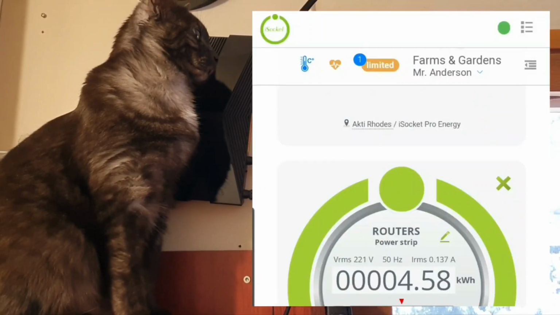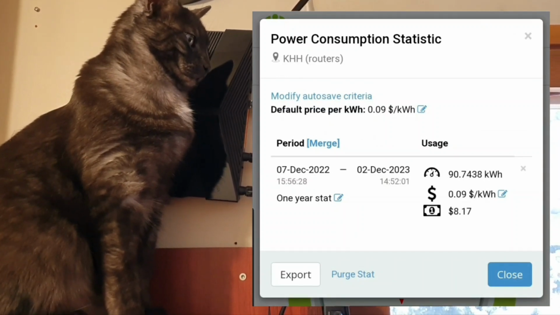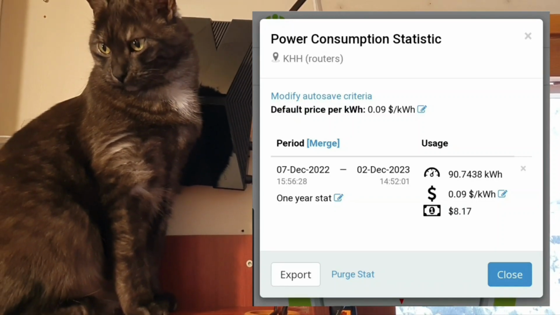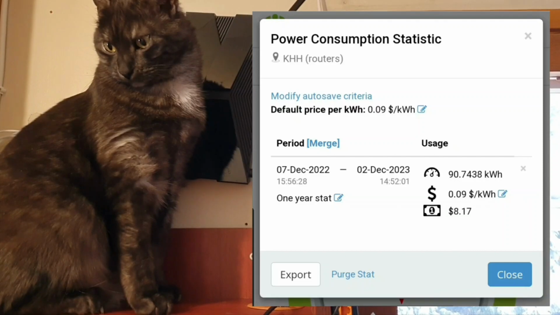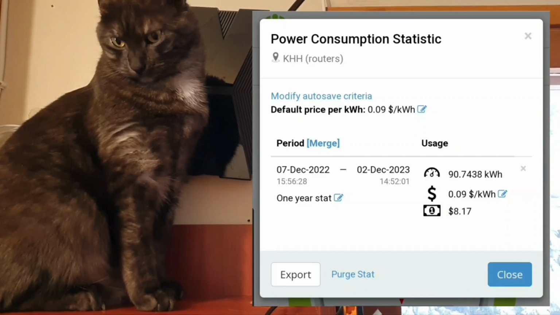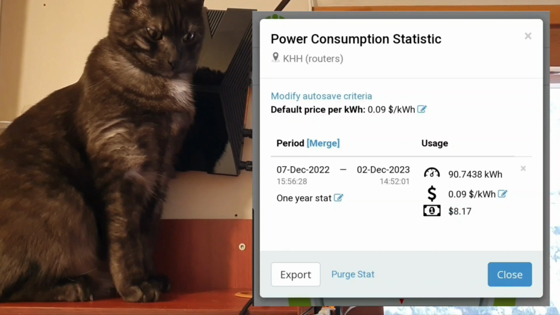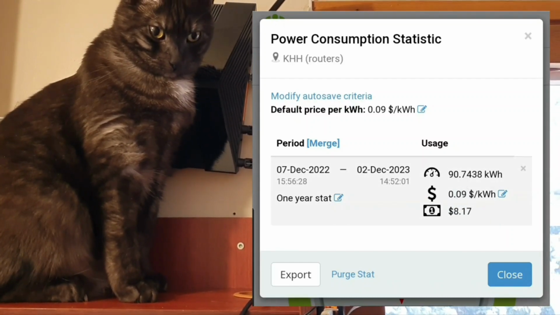And here I can click on the statistic button and see different periods. You can see almost 1 year from 7th December previous year to the 2nd December of this year, about 90 kilowatt-hours, and it cost me about $8 if 9 cents per kilowatt-hour is configured.